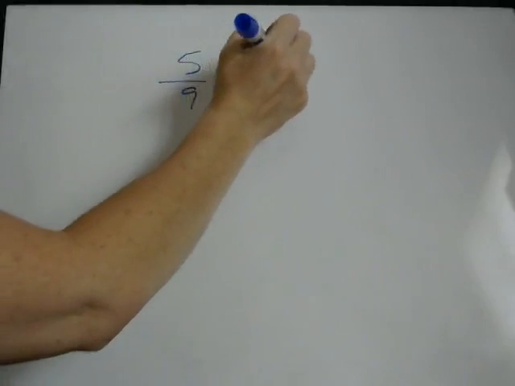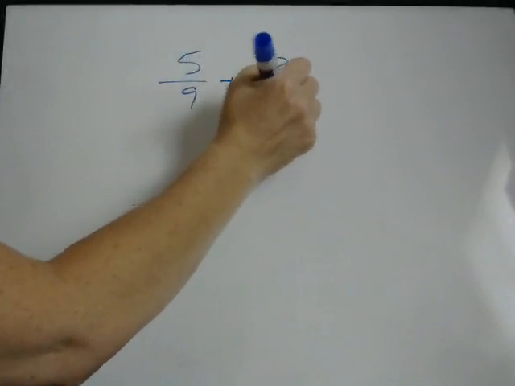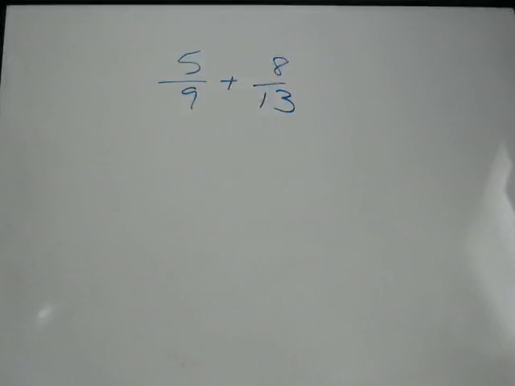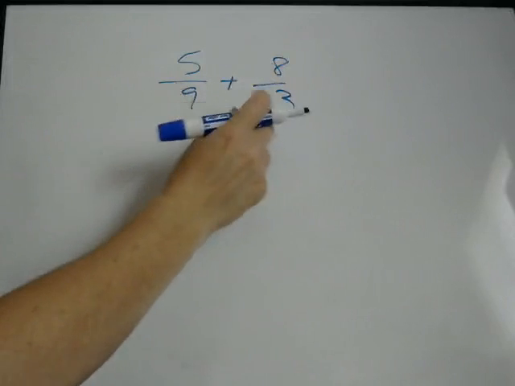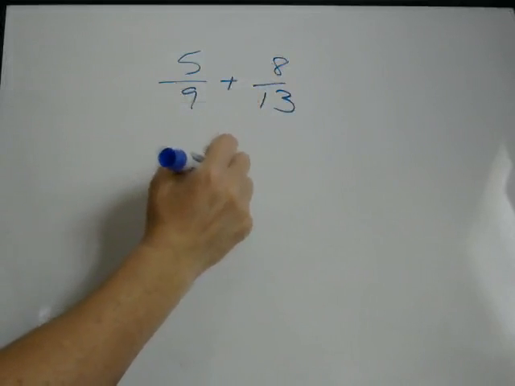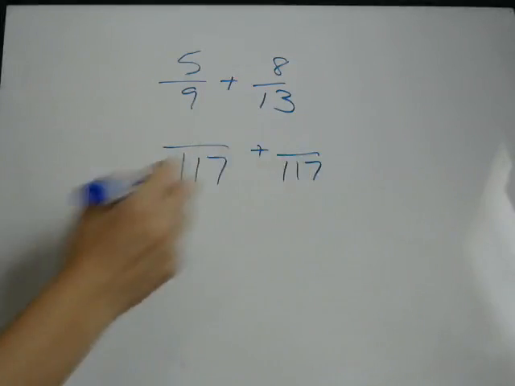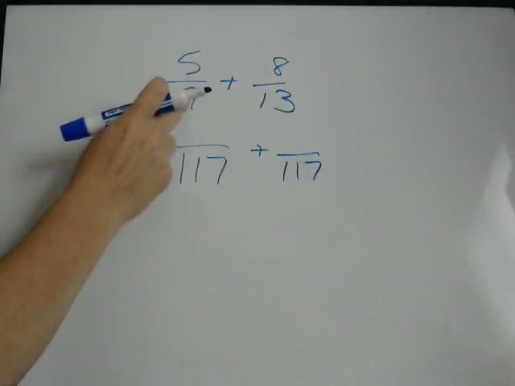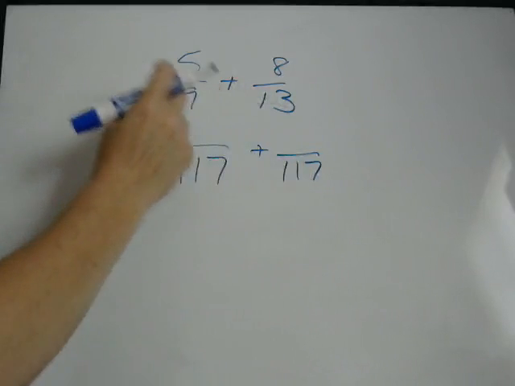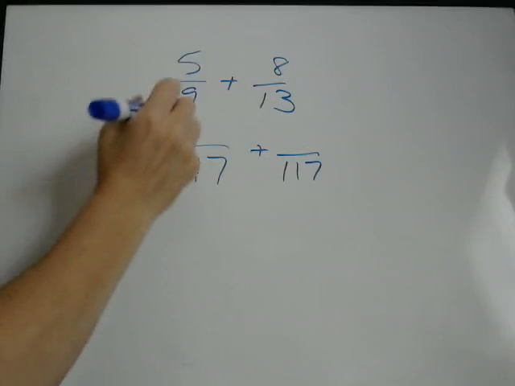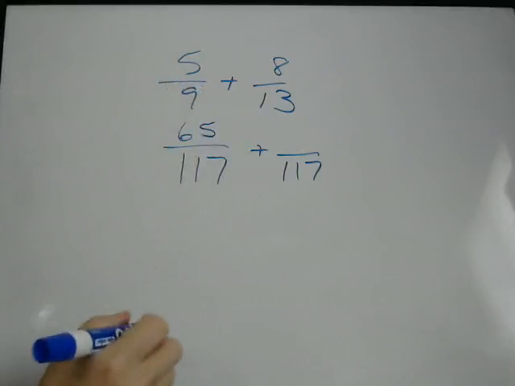5/9 plus 8/13. So again, we need to find a common denominator. We're just going to multiply 9 times 13, which is 117. Since we multiplied 9 times 13, we have to multiply 5 times 13, so we get 65.